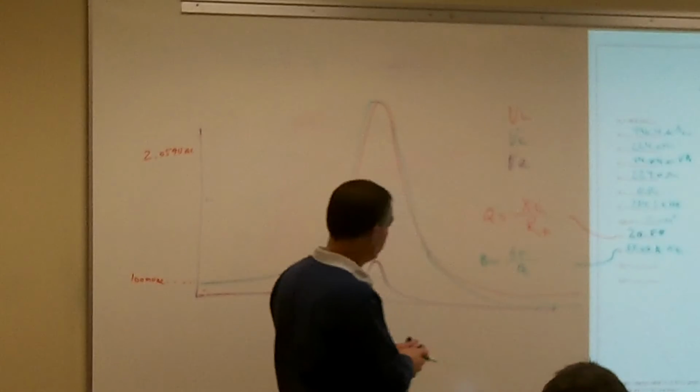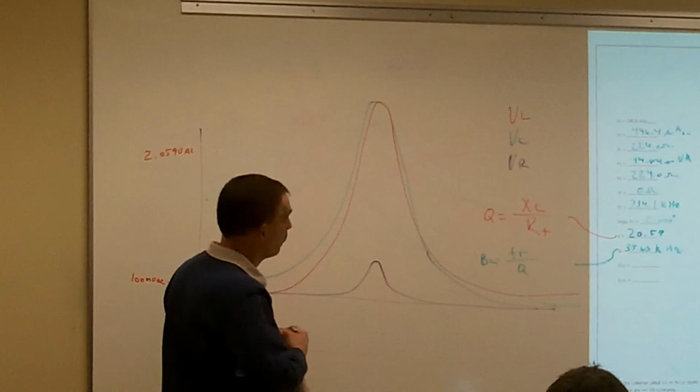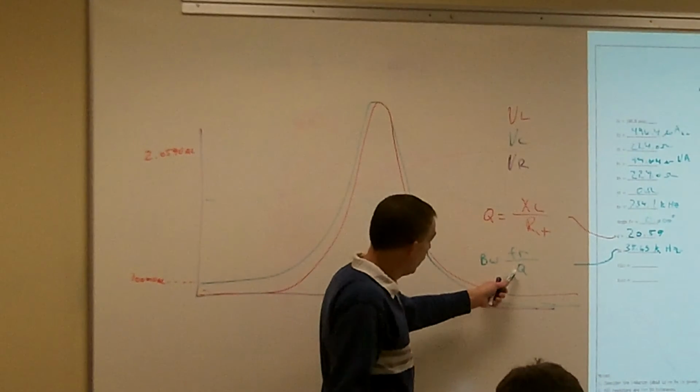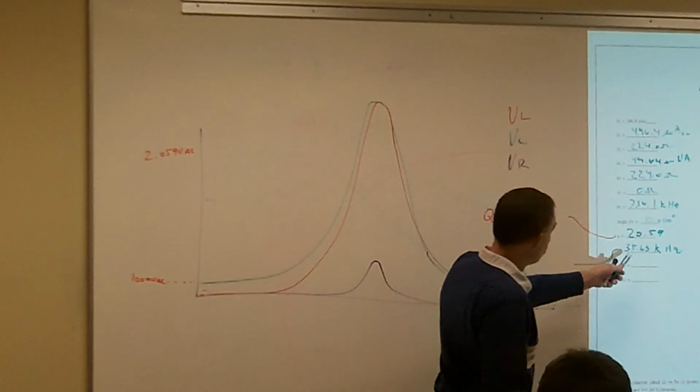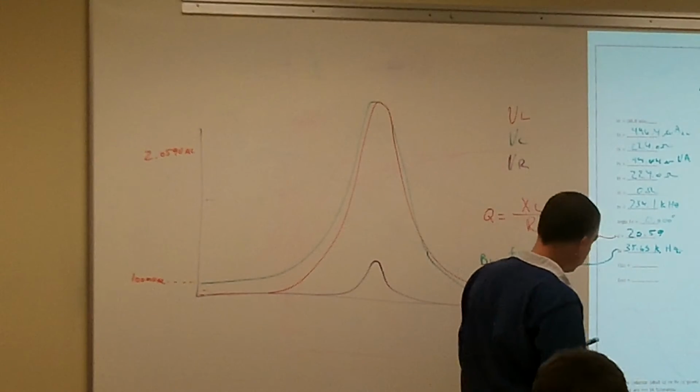Okay? So if I take my resonating frequency of 734.1 kilohertz divided by the quality of my circuit, that's going to be the bandwidth that I'm going to have.